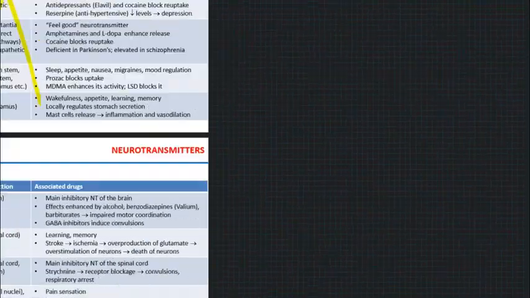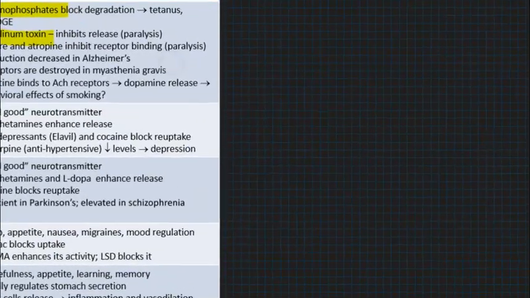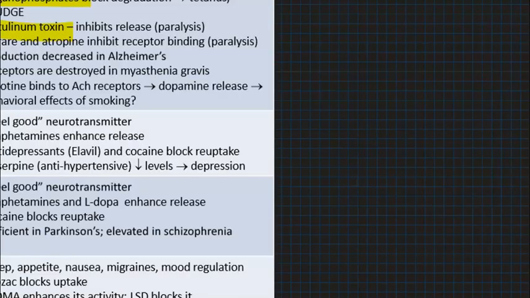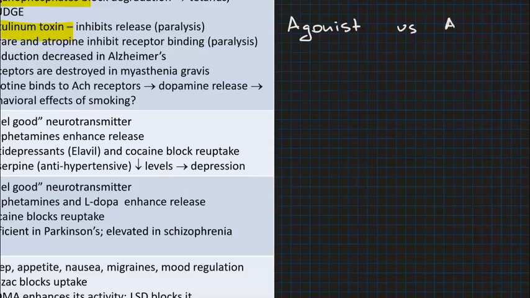I'm going to use some space over here, and I'm going to use the data in that last column to make examples for my talking points. So what are agonist versus antagonist?